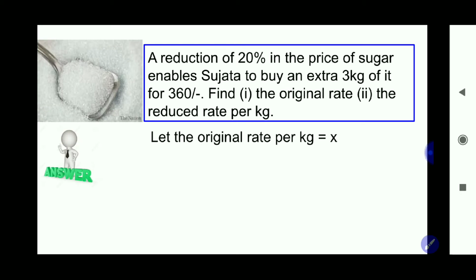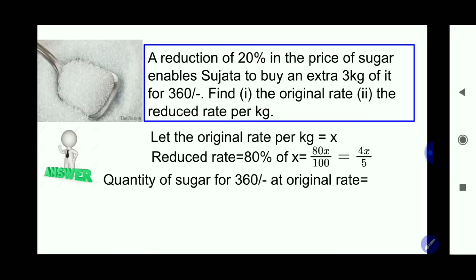Let the original rate per case be x rupees. So the reduced rate, 20% reduced, is 80% of x, that is 80x by 100, which equals 4x by 5.